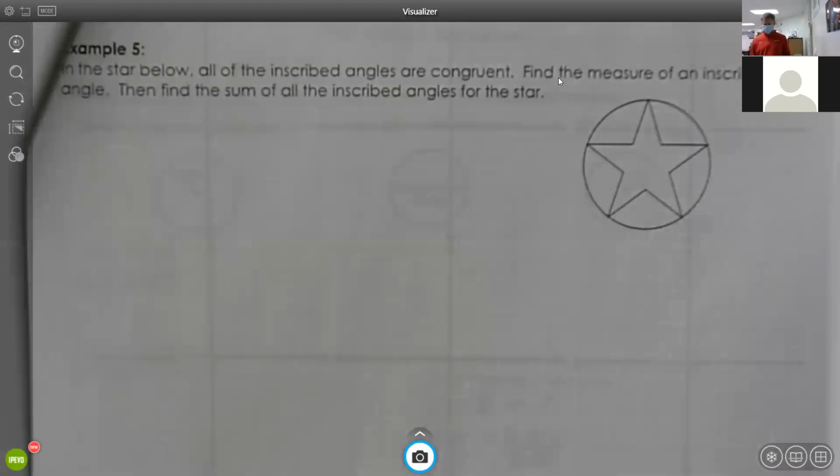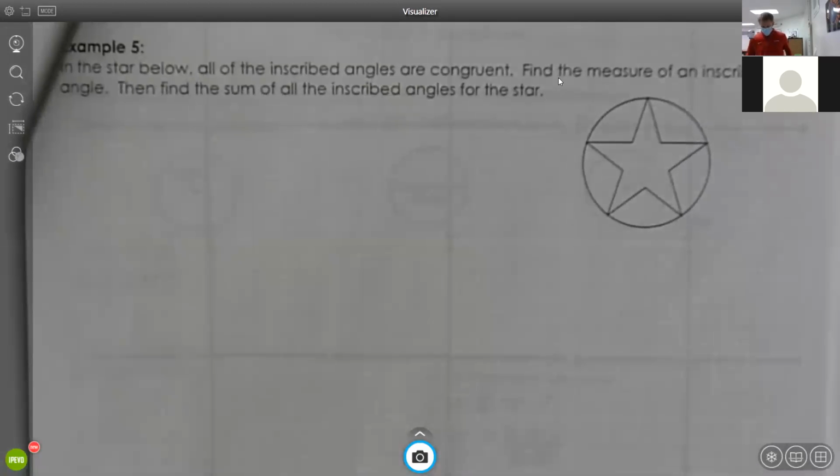And then looking here at our last question. In the star, all the inscribed angles are congruent. Find the measure of the inscribed angle. Then find the sum of all the inscribed angles.